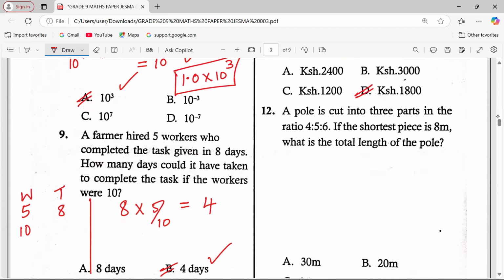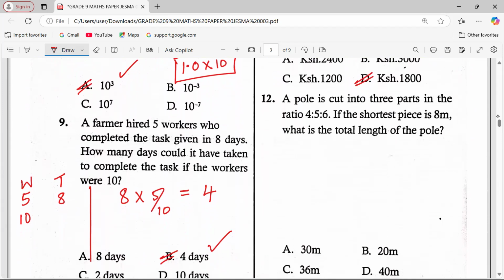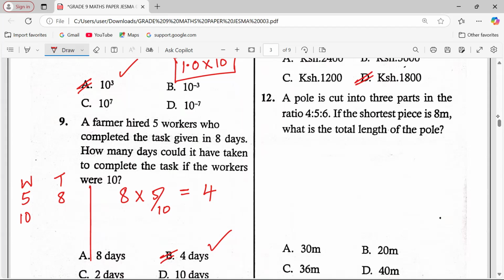Look at number 12. A pole is cut into 3 parts in the ratio 4:5:6. If the shortest piece is 8 meters, what is the total length of the pole? This one can be done in several ways.